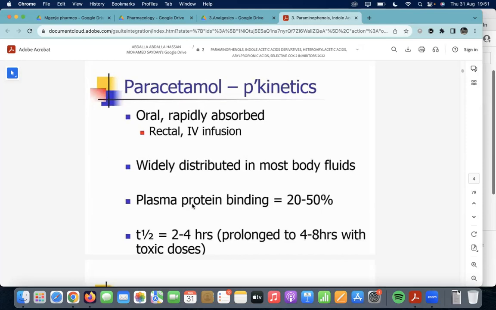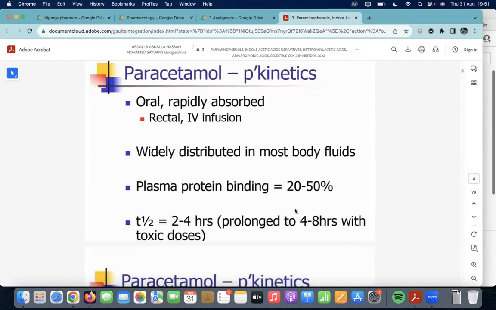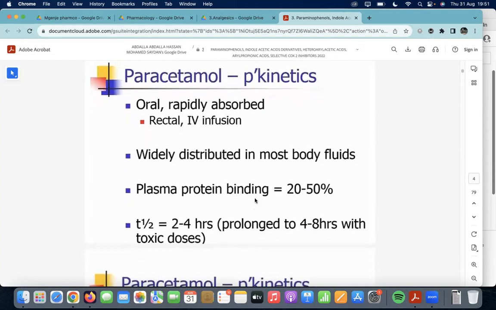If a drug is 99% bound to albumin, most of it is being transported and less of it is diffusing into the cells. Its action is quite low, so you need to increase the dosage to realize the effect. For paracetamol, only 20 to 50% is protein bound, meaning its actions are well realized. So there's no need to overdose or take a large dosage of paracetamol.